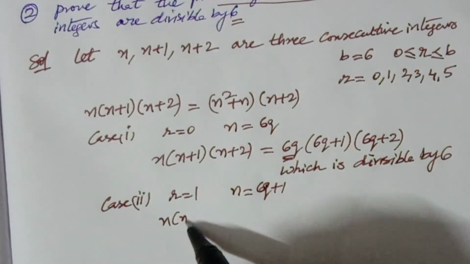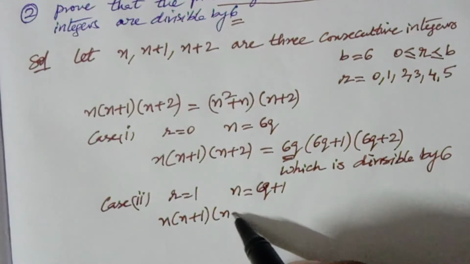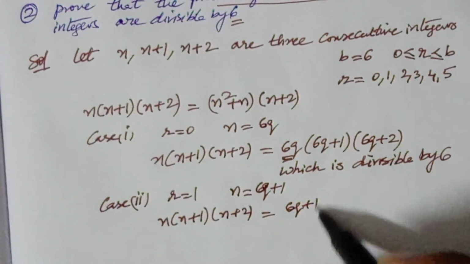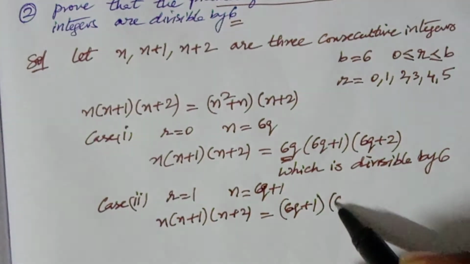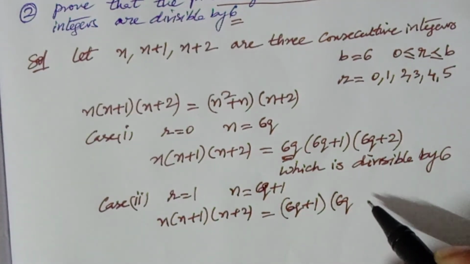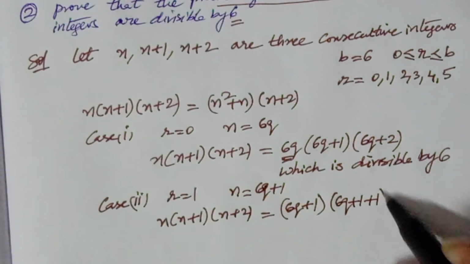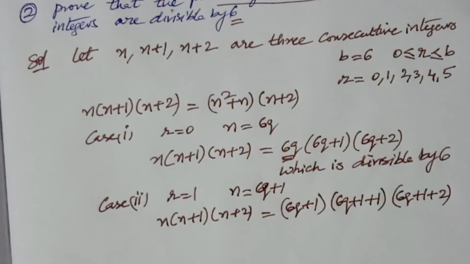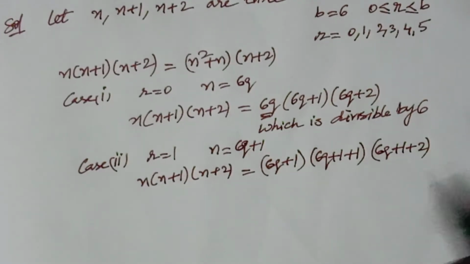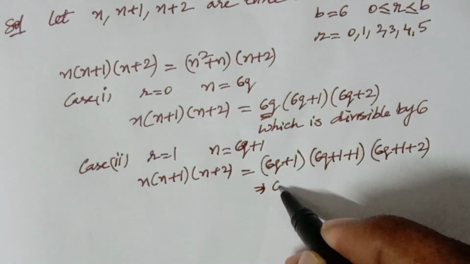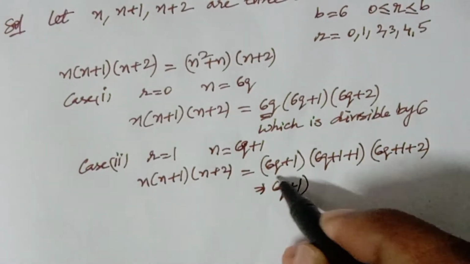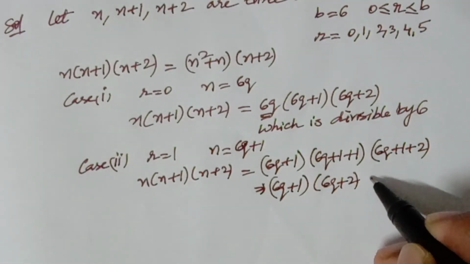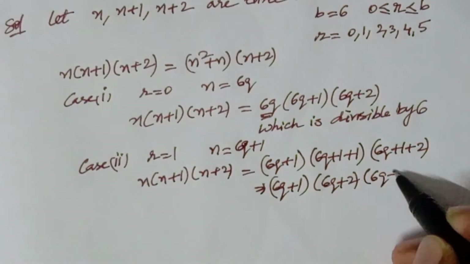So n into n plus 1 into n plus 2: we will get (6q plus 1) into (6q plus 1 plus 1) into (6q plus 1 plus 2), so (6q plus 1) into (6q plus 2) and (6q plus 3).